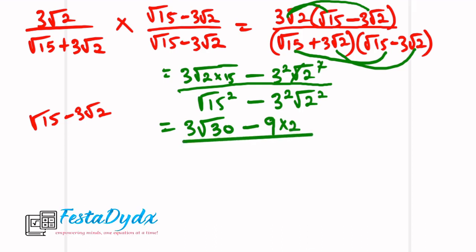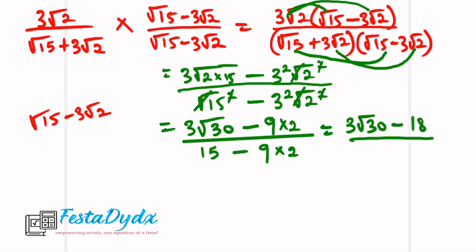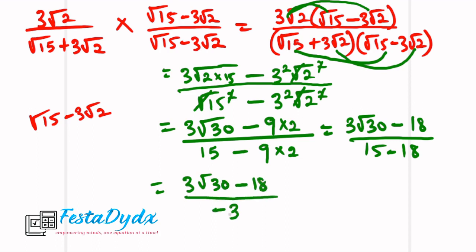So moving to the denominator, square root cancel square, we have 15, minus 3 square is 9. Square root cancel square, we have times 2. So we have 3 root 30 minus 9 times 2 is 18 all over 15 minus 9 times 2 is 18. So now we have 3 root 30 minus 18 all over minus 3, because 15 minus 18 is minus 3.